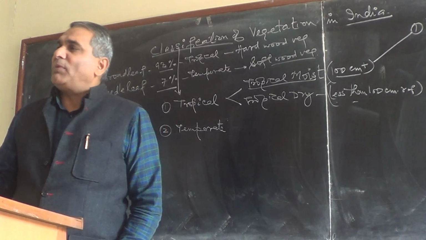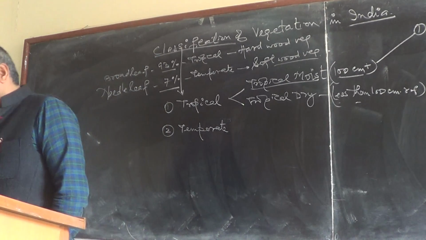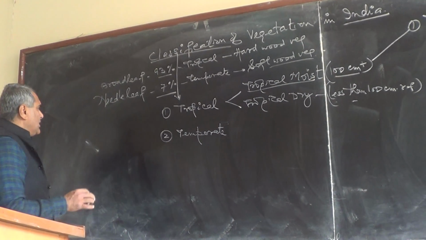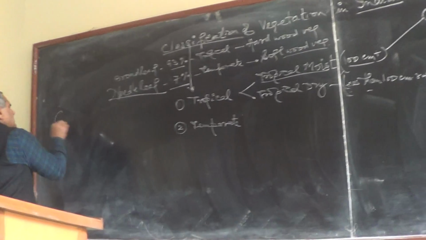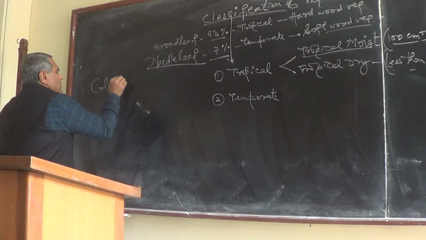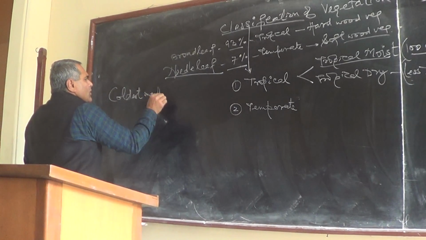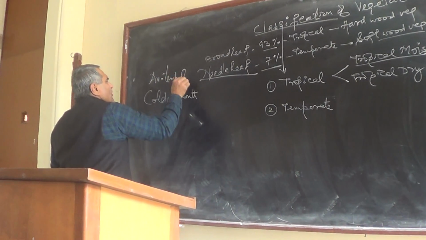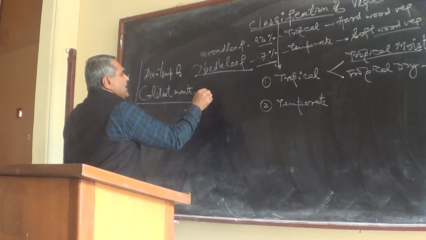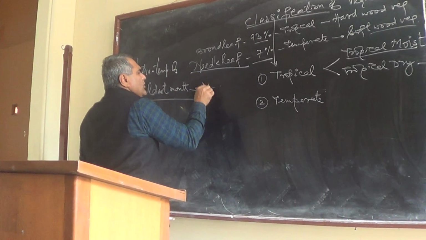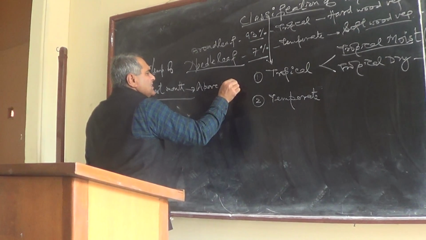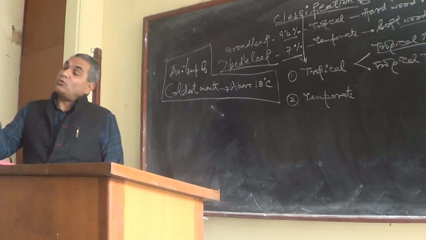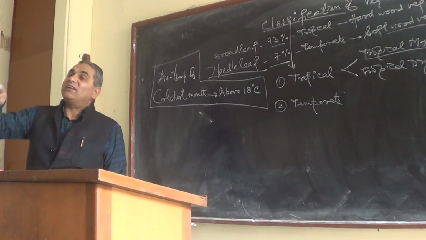It is always determined by the monthly average temperature. If the average temperature of the coldest month remains above 18 degrees Celsius, it is tropical.